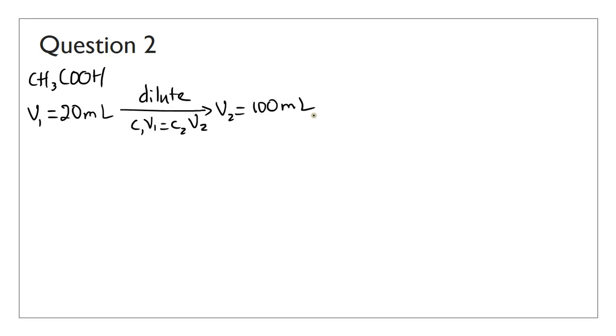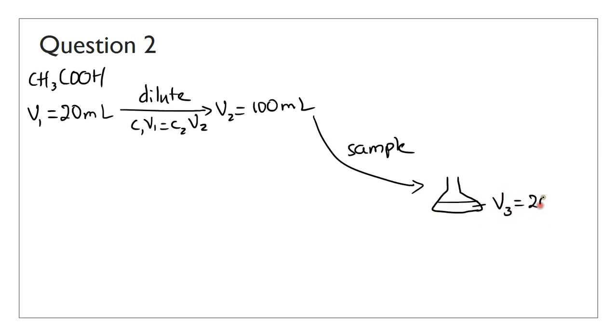You then take a 20 ml sample of this diluted solution and put it in a conical flask. So the diluted ethanoic solution is now in the conical flask. Let's call this solution 3, which is also 20 ml. And this is still ethanoic acid.